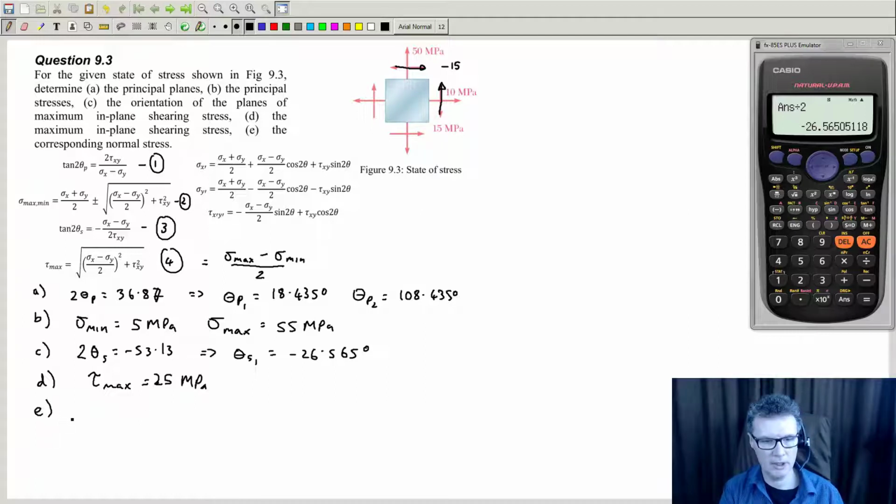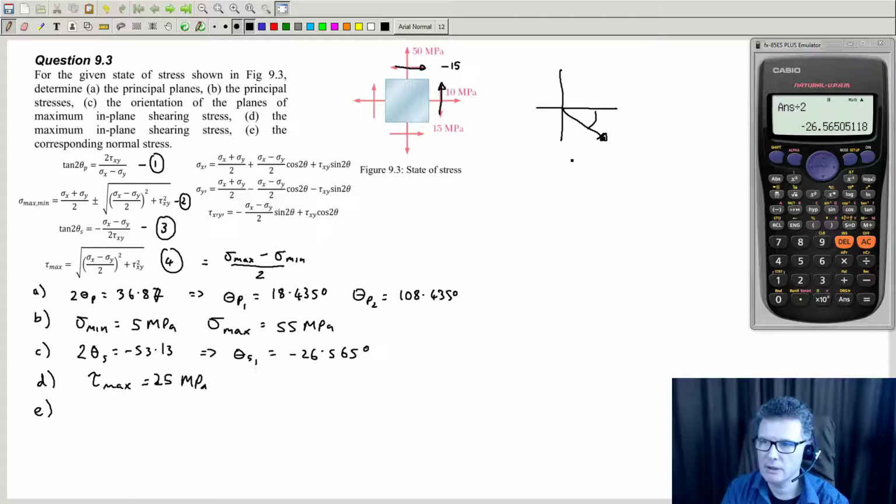And then part E, so that's asking me if I take this to be my principal shearing. So what have we got? So that's going to be pointing down here. What's the normal stress going down in this direction?